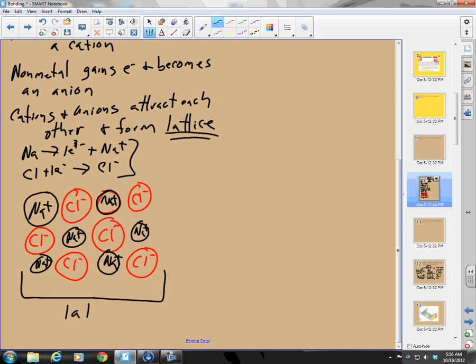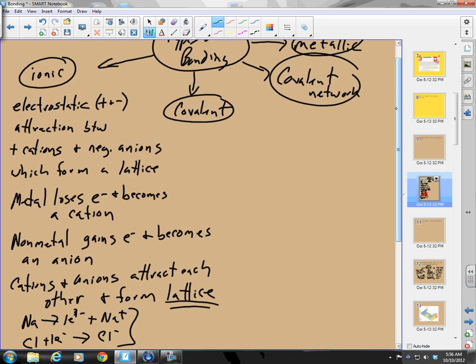So that is my ionic lattice. And so I really don't have just NaCl. Whenever you see NaCl, what you really should think is, wow, I've got this whole lattice of Na pluses and Cl minuses. Good. And once again, when do I think ionic? I think ionic when I see a metal and a nonmetal.